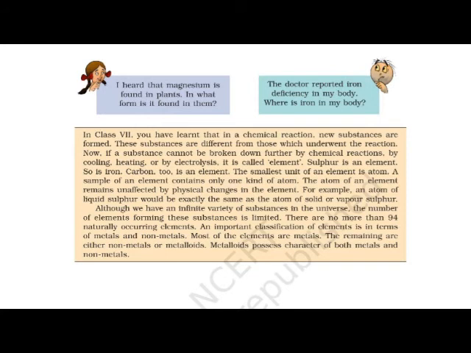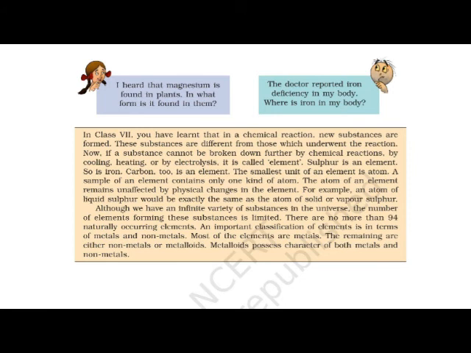In class 7 you learned that in a chemical reaction new substances are formed. These substances are different from those which underwent the reaction. Now if a substance cannot be broken down further by a chemical reaction, by cooling, heating, or by electrolysis, it is called an element. See, the basic word element is most important in chemical reactions. A reaction has two important parts: before the reaction and after the reaction.